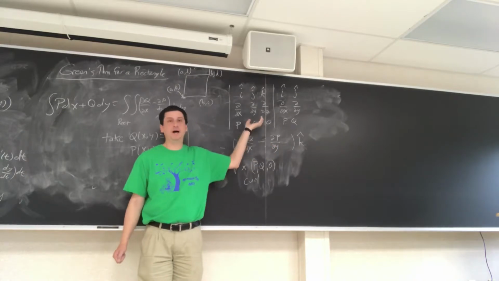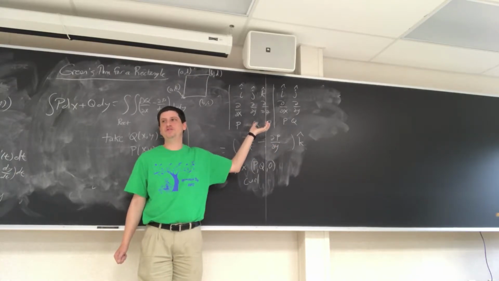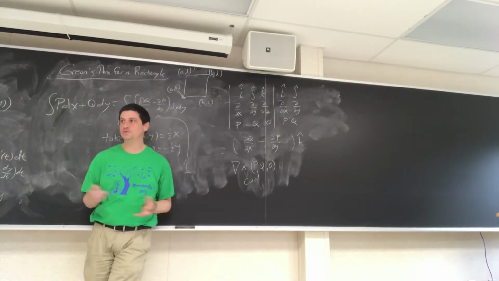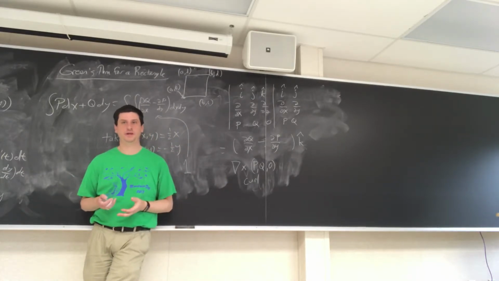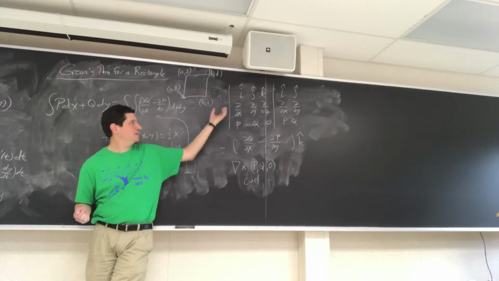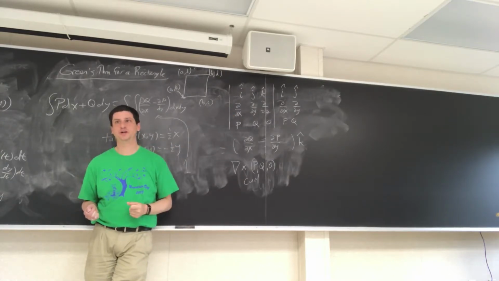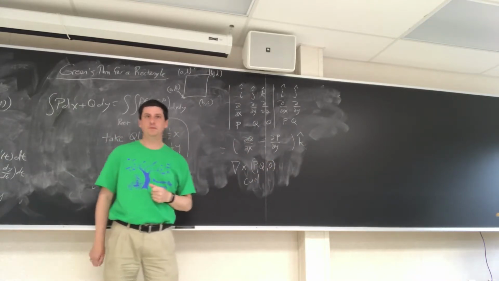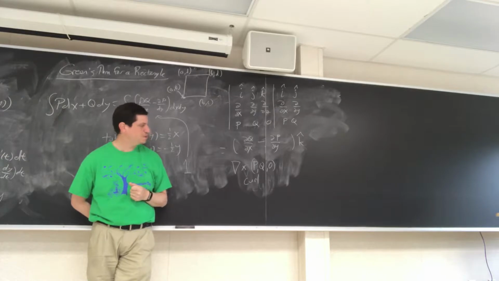We can bump up something that lives in 2 dimensions by just setting the third component to be 0. And so you can still use the cross product in 2 dimensions. But there's a nice interpretation to what's going on. And if you do anything involving fluid flow and whatnot, they'll talk about the interpretations of stuff like this. But just good to see a little bit of where the stuff is coming from.